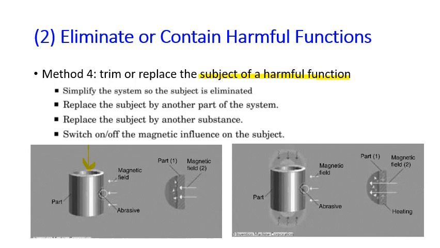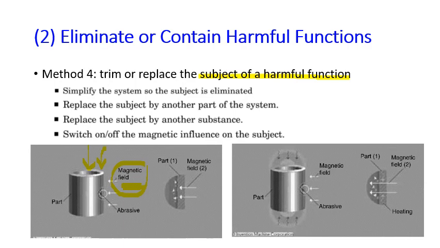So we put some abrasive particles inside this part, and then outside you're using a rotating magnetic field to move around the particles inside this part. So the particles will grind the insides of this part. However, the thickness of this part weakens the magnetic field that reaches inside the part.